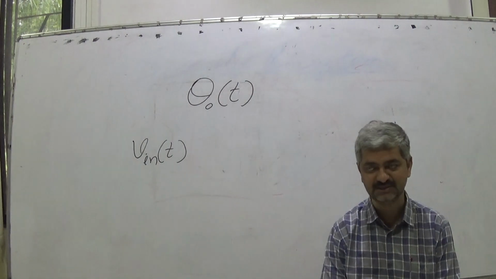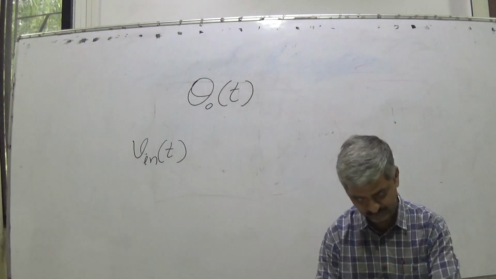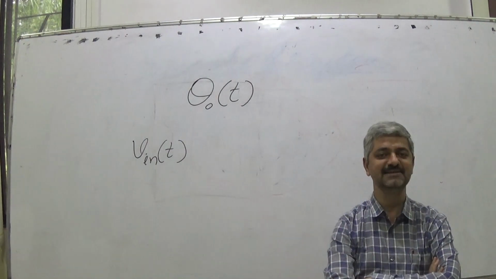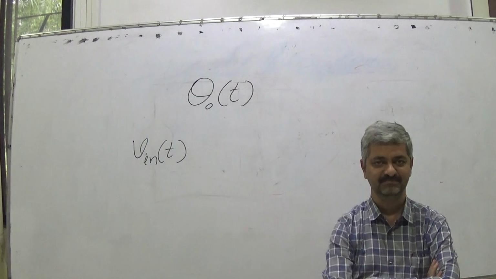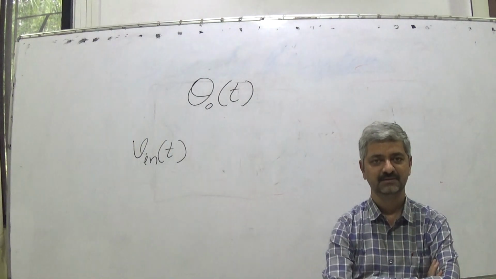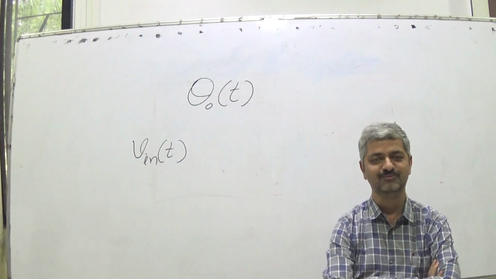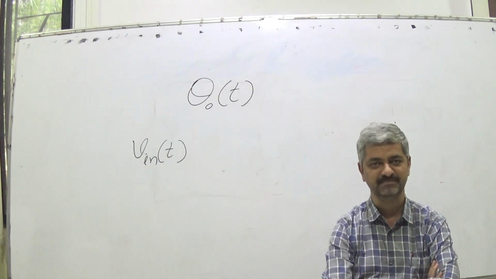The manner in which it depends and all that mapping we will do, but dependency is a must. Otherwise, it will become a random system. Means, if the question paper is an input signal and the answer sheet is an output signal, then there has to be some kind of relationship.